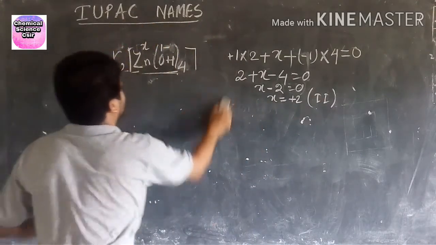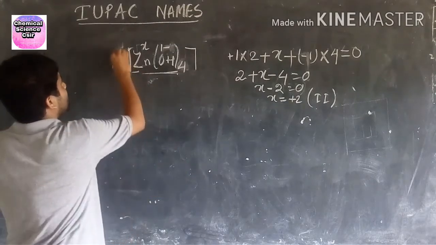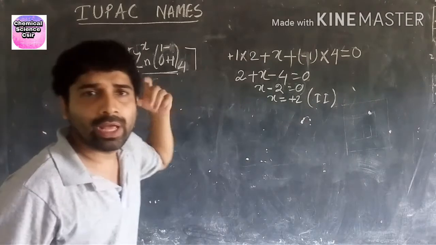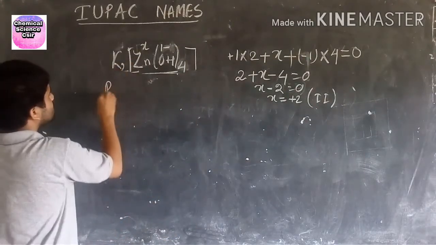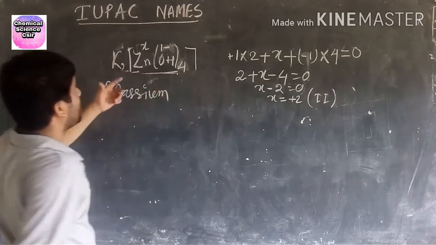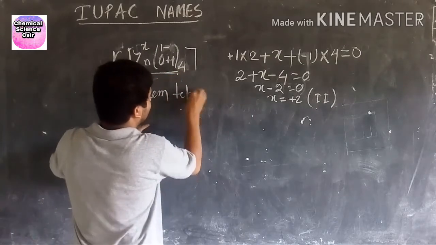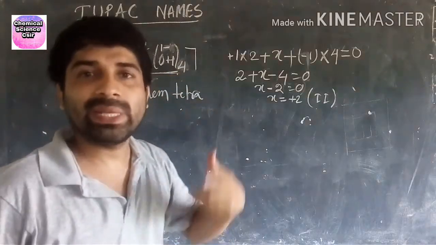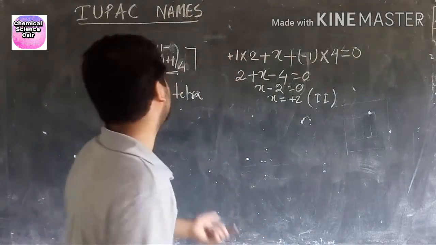Now, rule number 1: the cation name first, followed by the anion. The cation name is potassium. Then 4 means tetra; if 1, mono; if 2, di, like this.